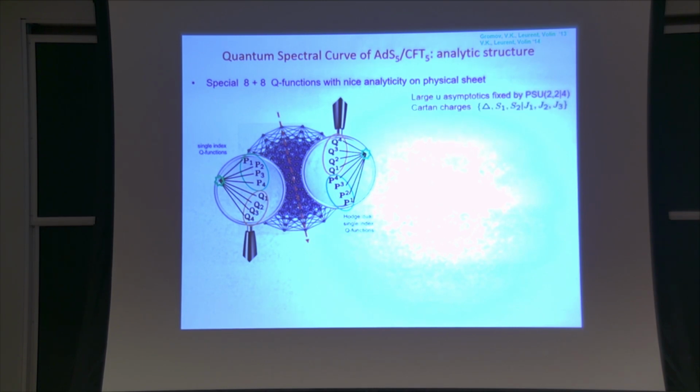And namely, what we do, we first fix large u asymptotics of all these functions. It's always fixed through Cartan charges of a given state, of a given operator. Say for P, we have this power-like asymptotics for various values of index, various sets of plus minus J's.